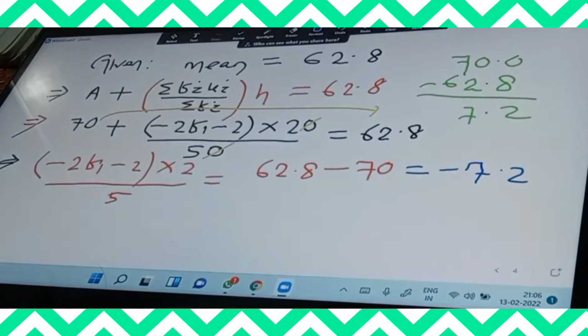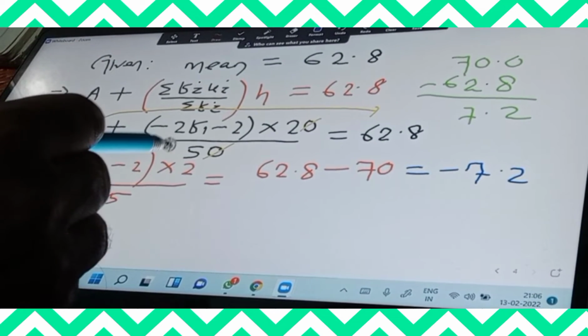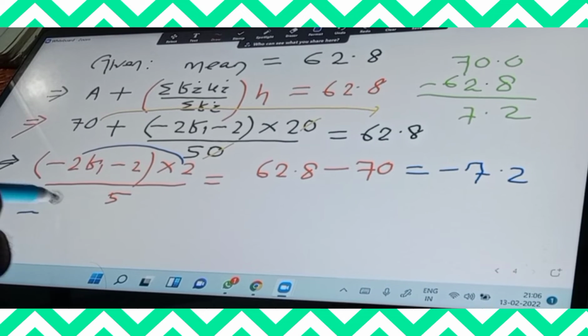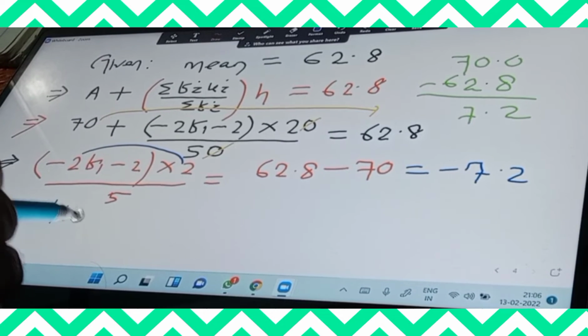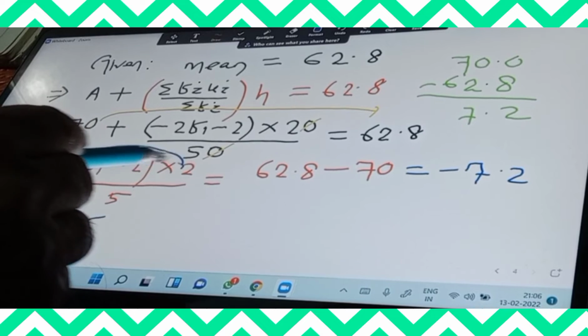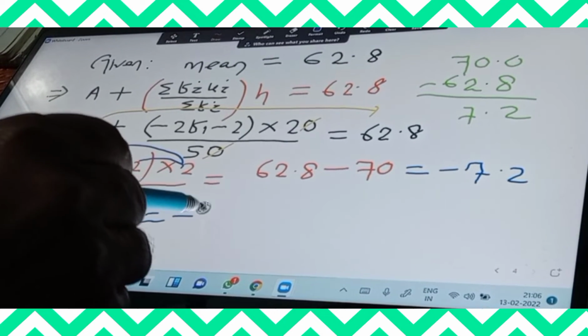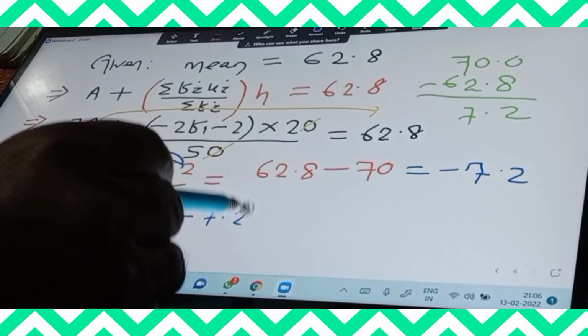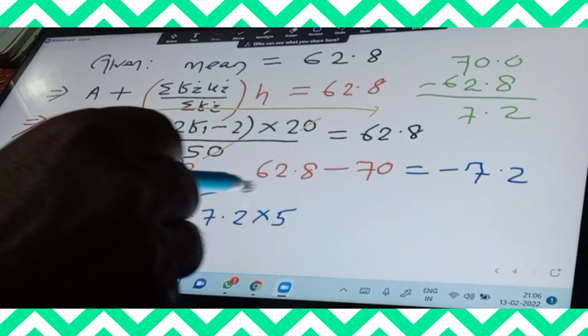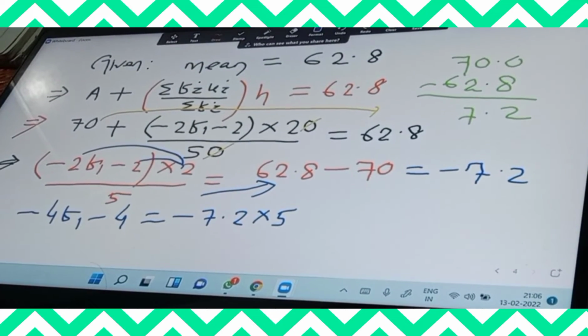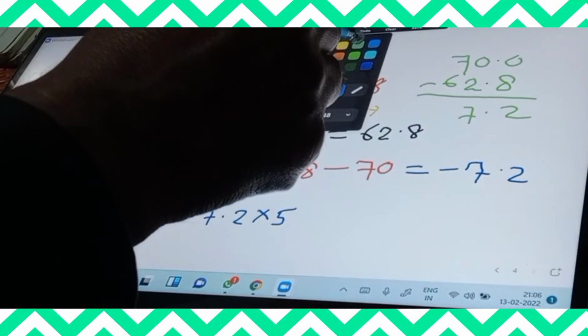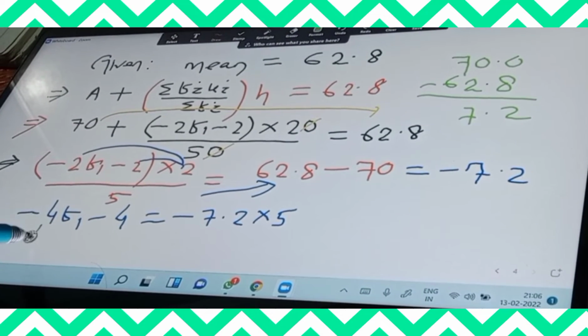That implies, if you multiply here also, minus 4 f1 minus 4 is equal to minus 7.2 into 5. This 5 will transpose to the right hand side.